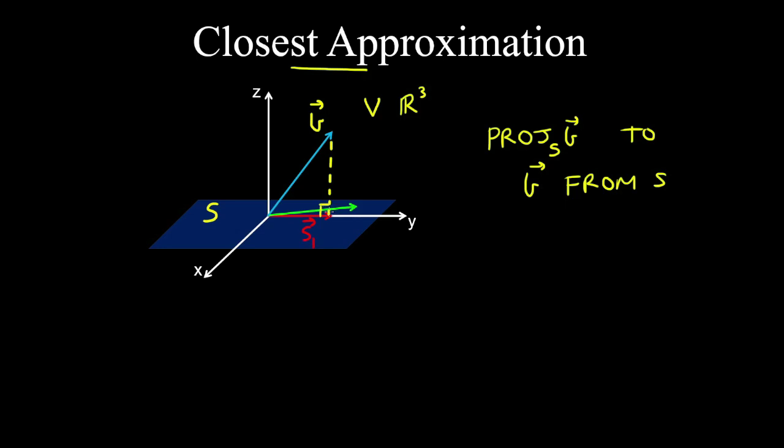So in other words, if we subtract S1 from B, where S1 is the orthogonal projection of B on S, that'll give this vector over here, and we take the magnitude of this vector to be the error in the approximation.